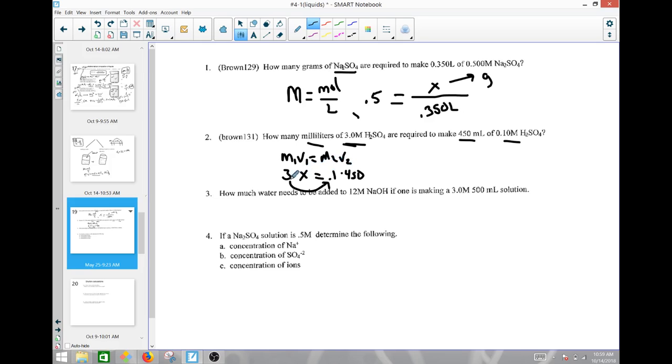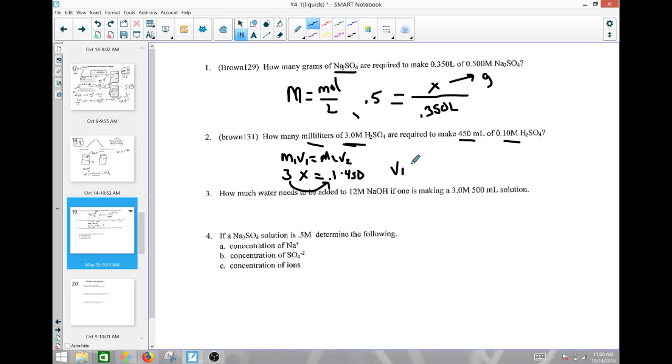Now 30 is not as easy to see as other proportions, but if my concentration gets cut in half, my volume will double. So that proportion should be there to see all the time. The actual math here: 450 times 0.1 is 45, divided by 3 is 15. So V1 equals 15 milliliters.